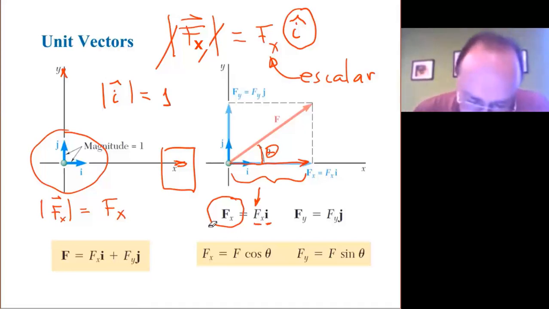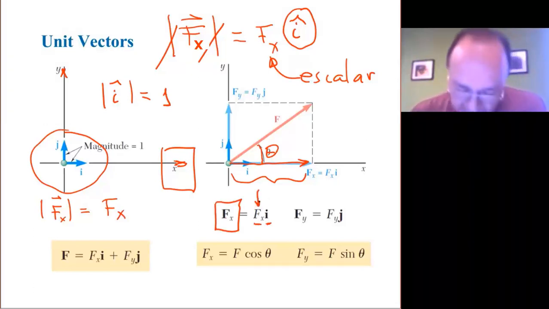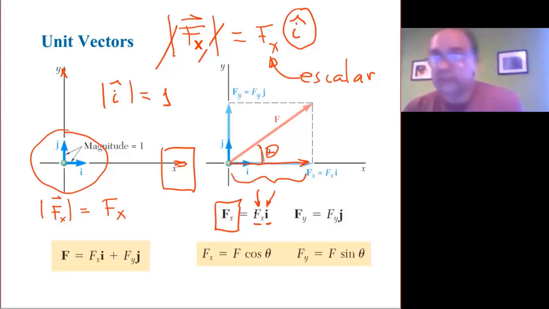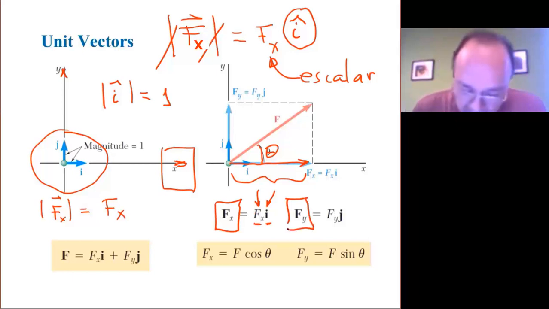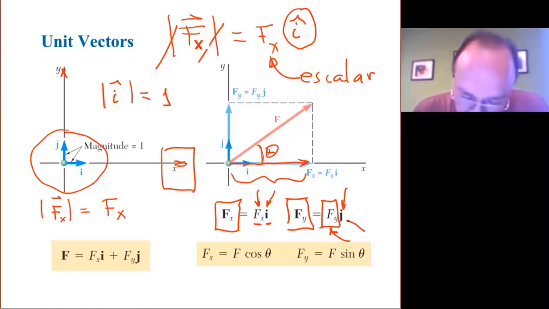So let's repeat. This vector Fx can be understood as the magnitude Fx without the hat, multiplied by the direction, which is the vector i, a unit vector in the direction of the x-axis. Then the vector in the direction Fy can be understood as the magnitude of the vector multiplied by the direction. This gives you the magnitude, this gives you the direction.